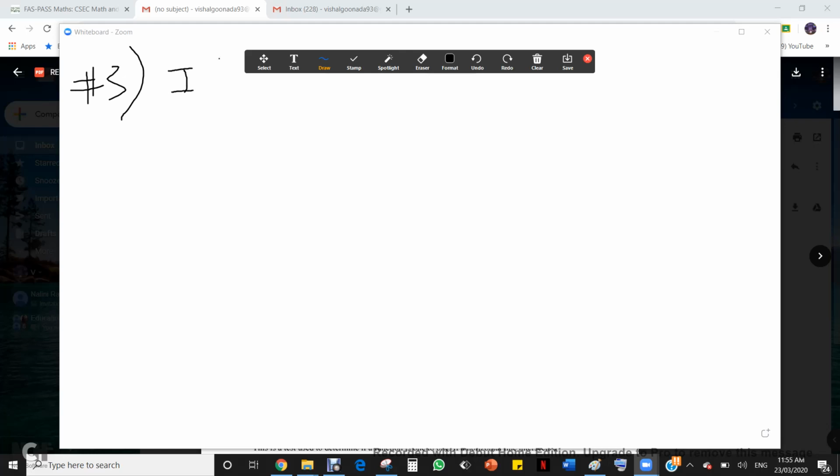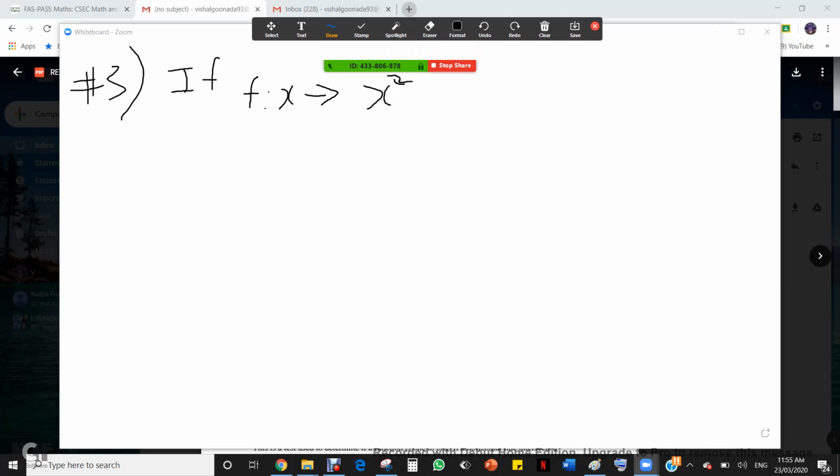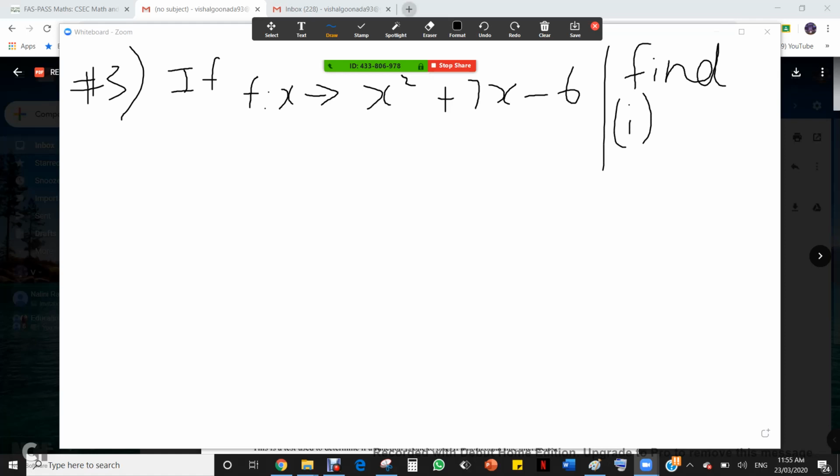So number 3. If f of x maps on to x squared plus 7x minus 6, I want you all to find for me number 1, f of 3, and number 2, f of negative 3.